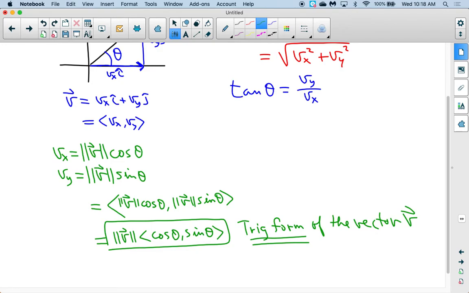All right. So come back up here. I'll stay in green. This is the component form of the vector. And this is the standard unit vector form.